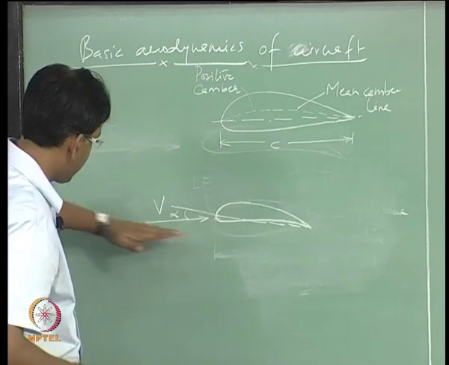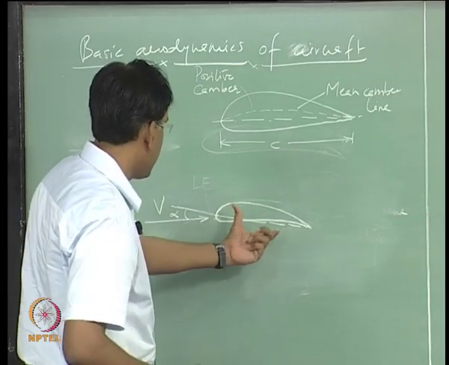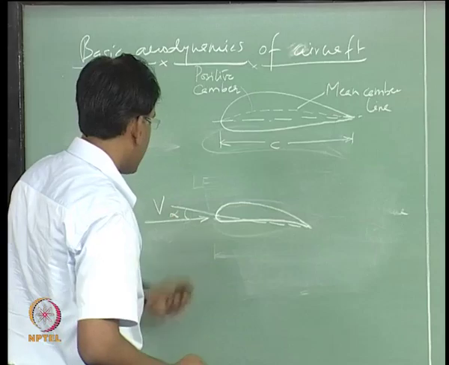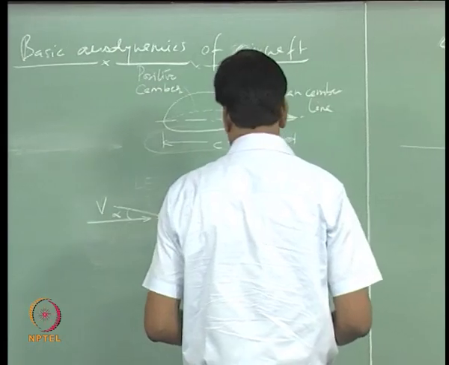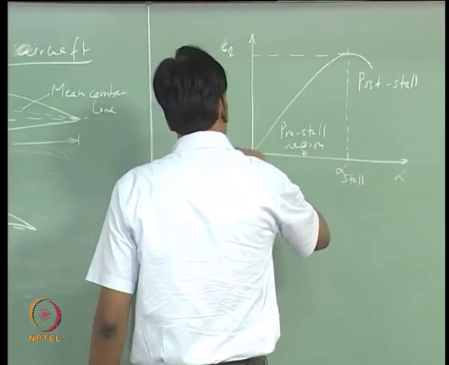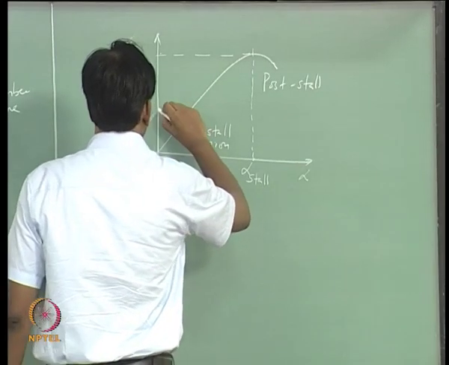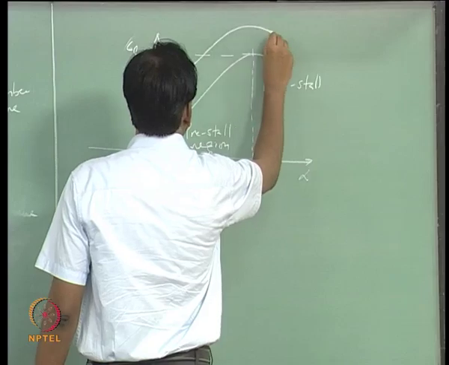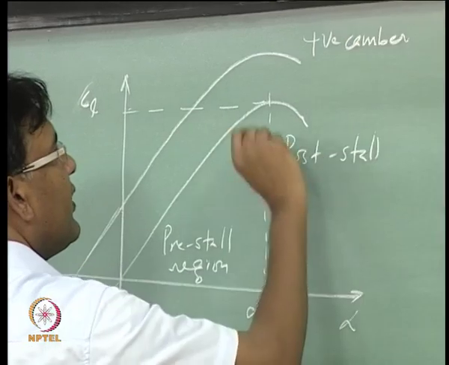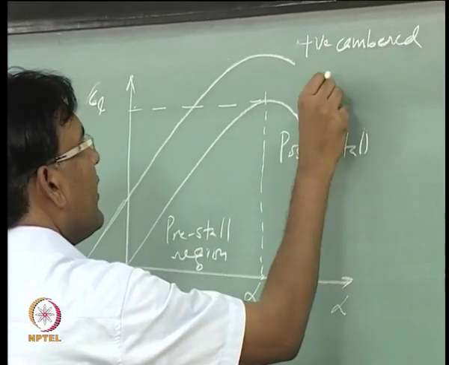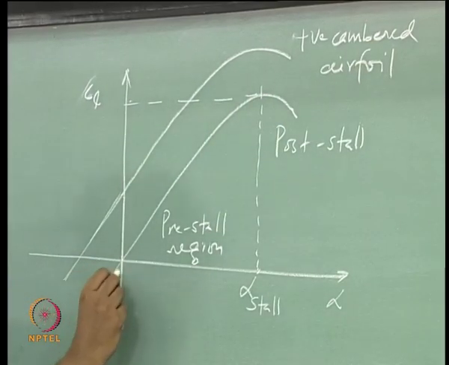For the same relative wind speed, but a different camber of the airfoil, there is an angle of attack associated with it, and what it results in is a positive lift at 0 angle of attack, which is this.